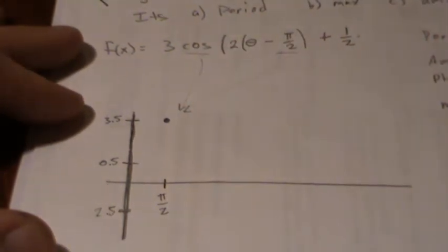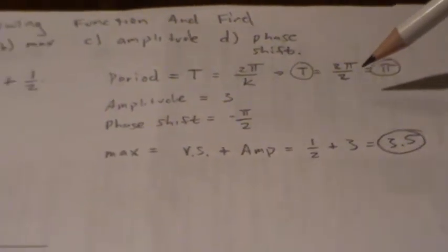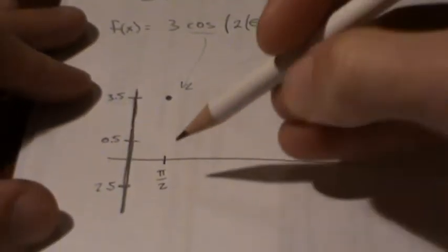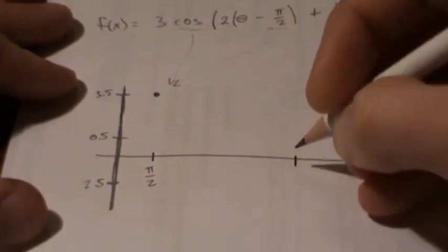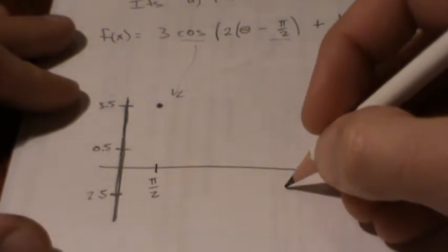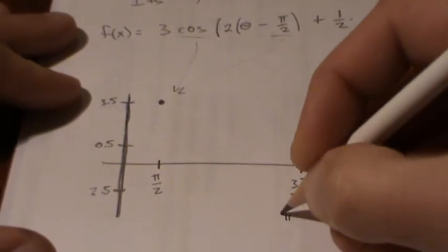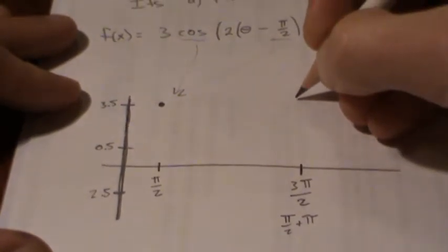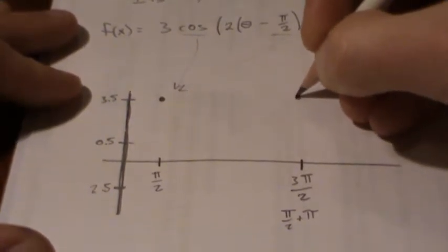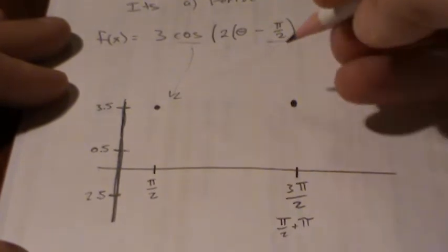Now the period. Remember that the period was pi. So what I'm going to do is add pi to this. Pi over 2 plus pi is 3 pi over 2. Over the full period of the graph, I should get back to a maximum again, because that's the nature of a period.